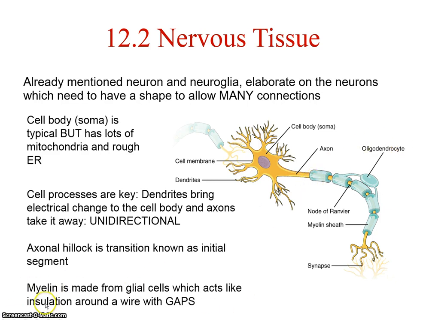Now, the myelin acts like insulation, all right? And it's imperative that it has gaps, because let's liken this to a wire that runs from any appliance, your computer or your washer, your coffee maker, to an outlet in the wall that is also transmitting electricity, which is basically flow of electrons, okay?